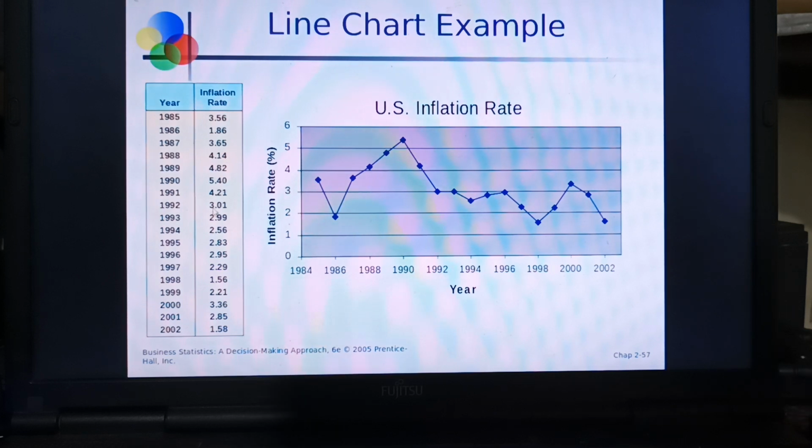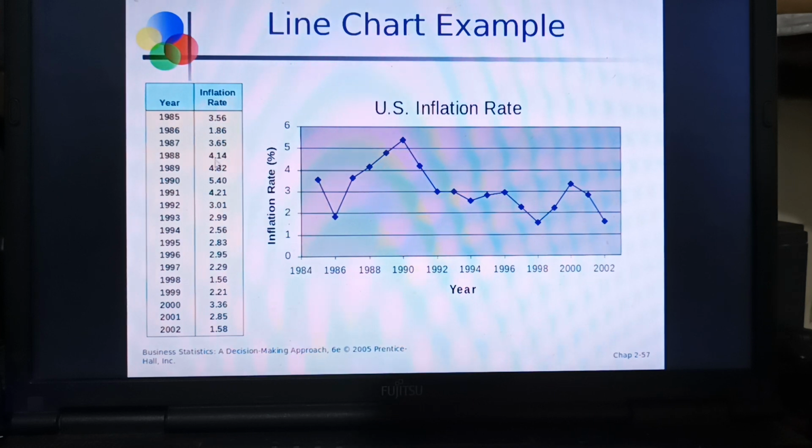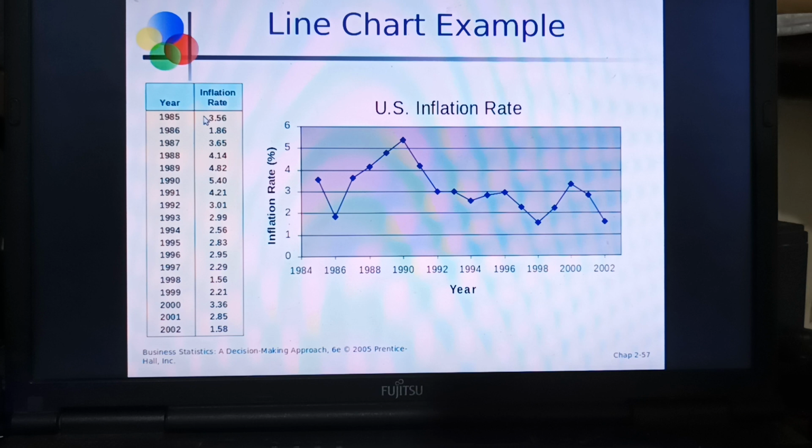This is a time series, because this is year from 1985 to 2002, and these are the corresponding inflation rate for each year from 1985 to 2002, and the graph looks like this. From 1985 it went down and went up.